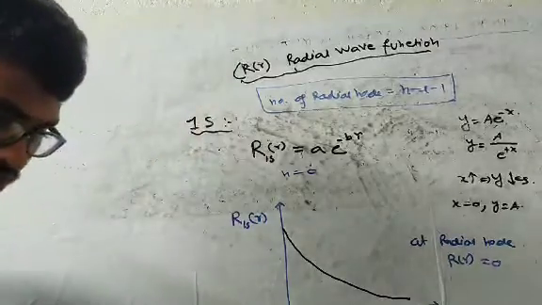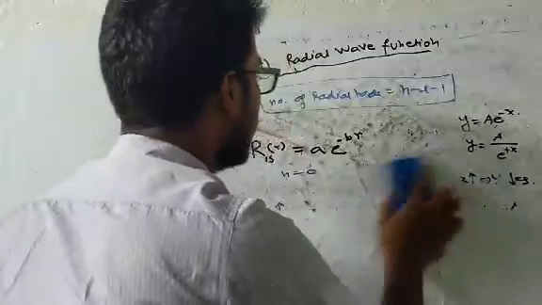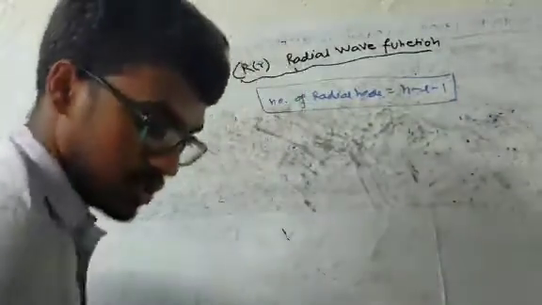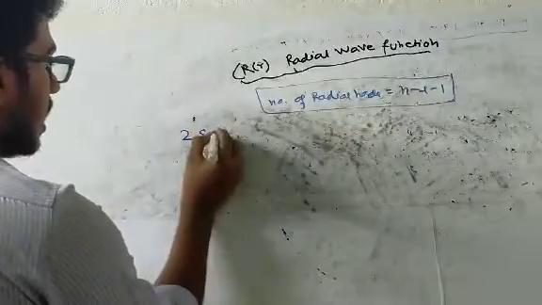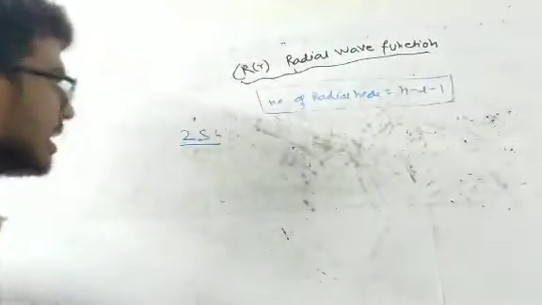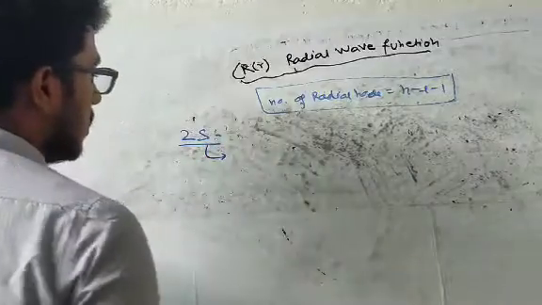Now let's go for the 2s orbital. Let's say I have taken the 2s orbital. In the case of the 2s orbital, how many nodes do we have?